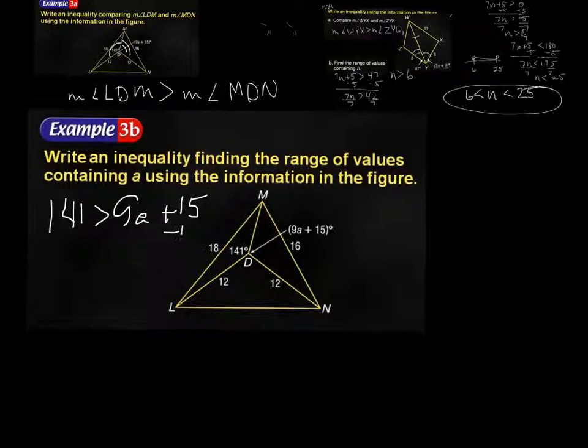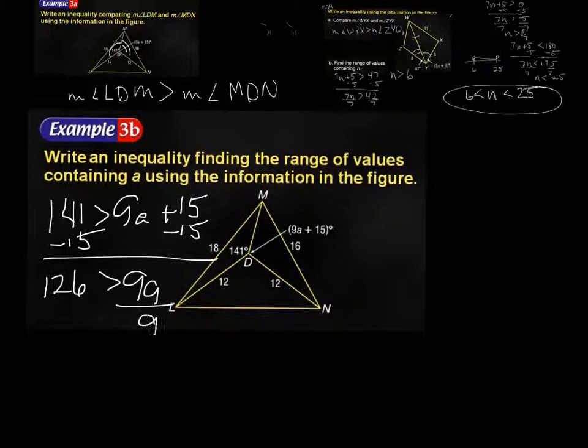So let's solve that for A. So we have 9A is less than 141 minus 15, which would be 126. Divide by 9. So we have 14 is greater than A.